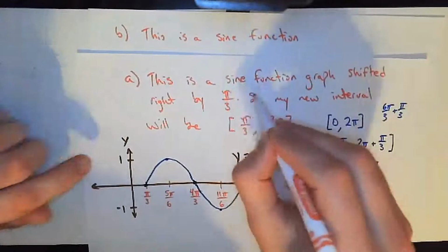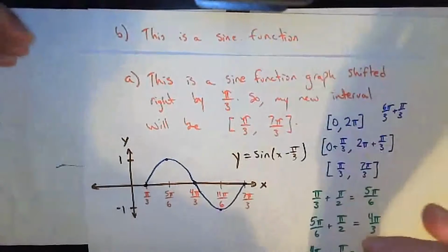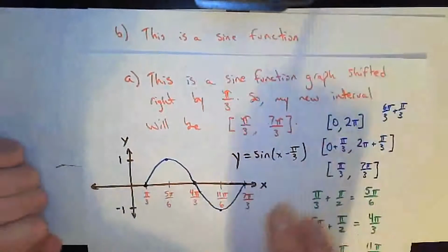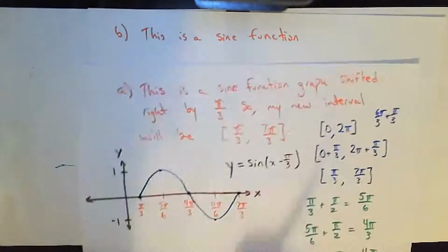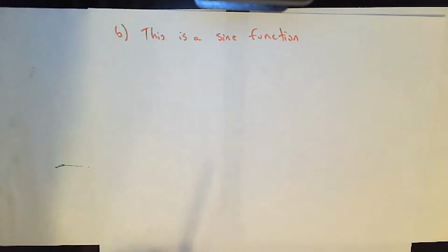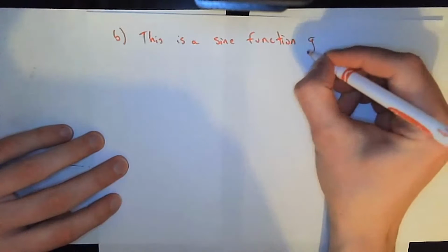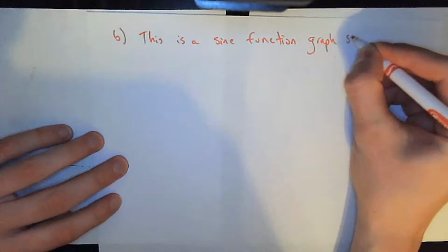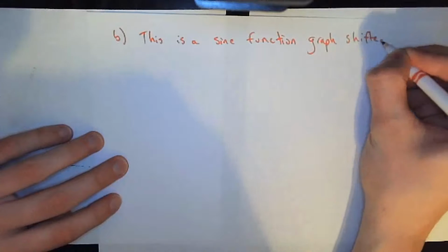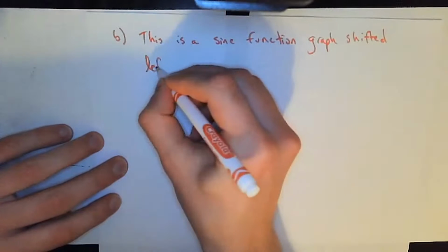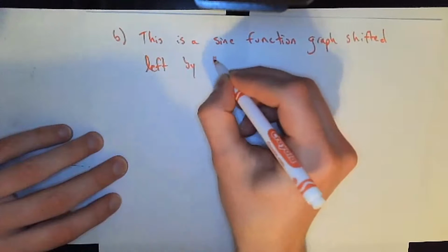That's how you spell sine. We abbreviate it S-I-N for function notation, but when you're writing it in words, you should say it like that. This is a sine function graph shifted left by pi on 6.